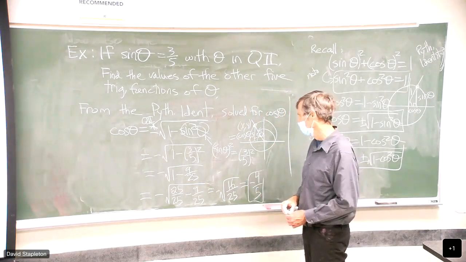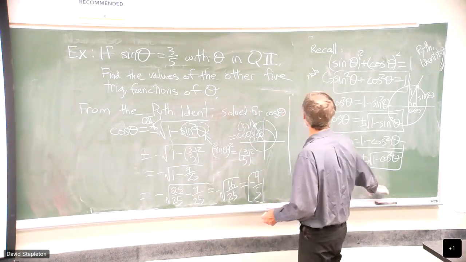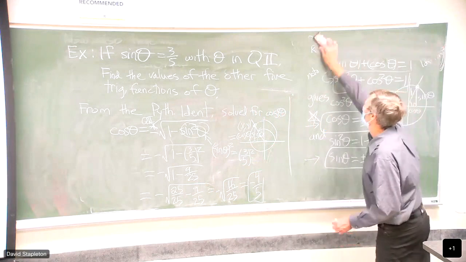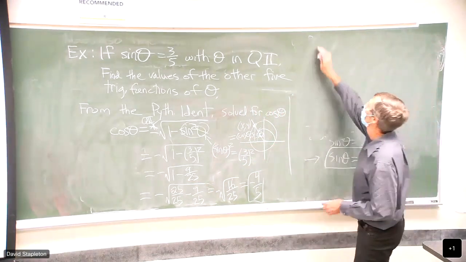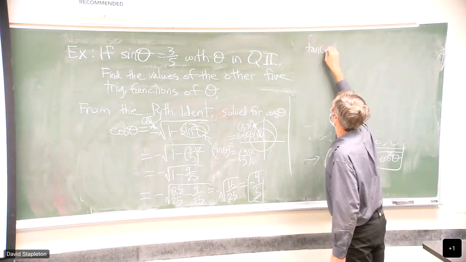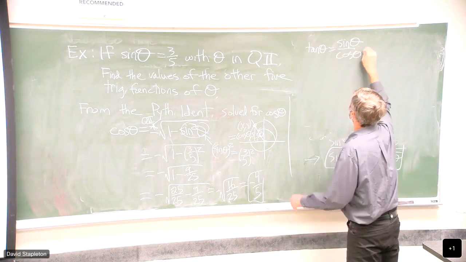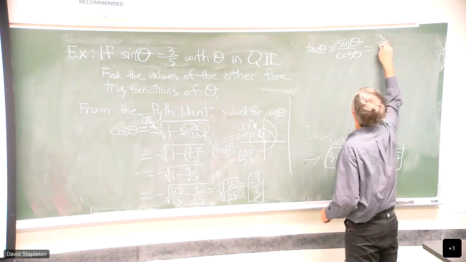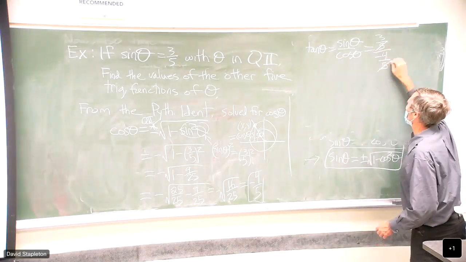There it is. Now remember from the last example, once you have sine and cosine, you have all 6 easily. What do you do next? Once you have sine and cosine, you use tangent. Just like last time, tangent is sine over cosine. It's 3/5 over minus 4/5. And now the 5's cancel because they're both denominators.